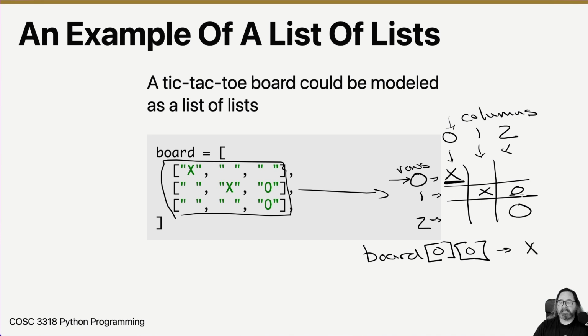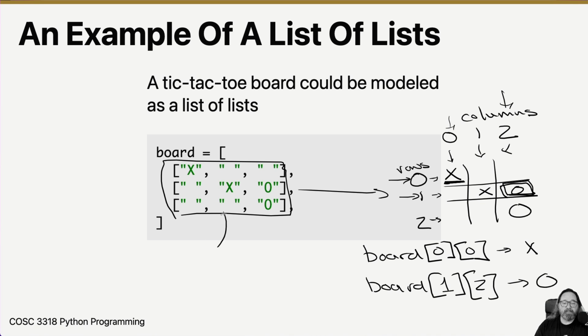Let's look at this O right here, for example. That would be board. What's the row? The row is index 1, so that's what I'd put there. And then what's the column? That's index 2, so that's what I'd put there. And that would give me that letter O. So a two-dimensional array, a list of lists, really kind of looks like a tic-tac-toe board. It might have more values or fewer values.